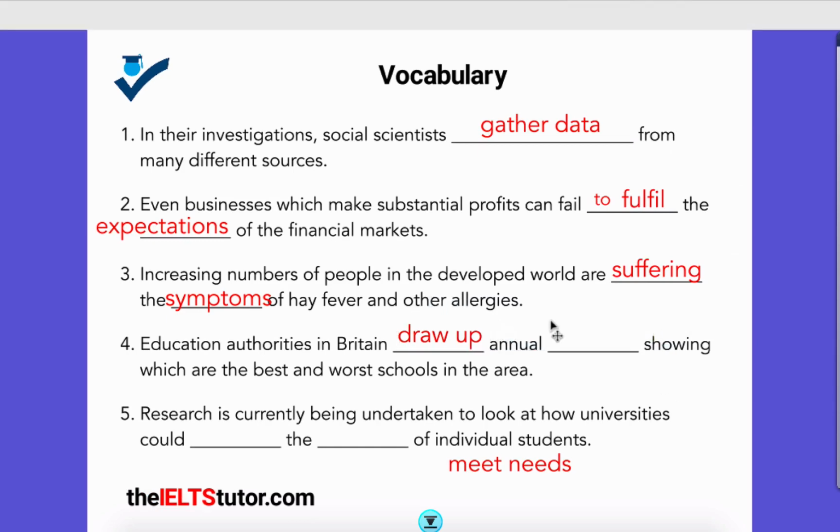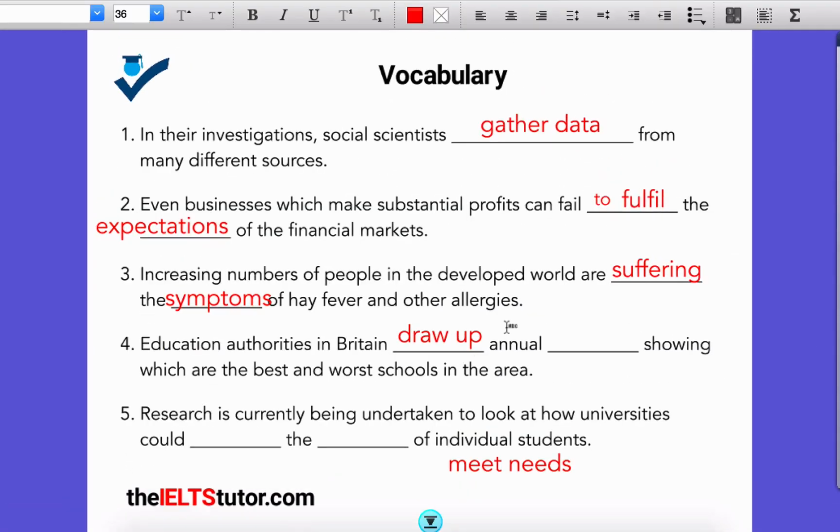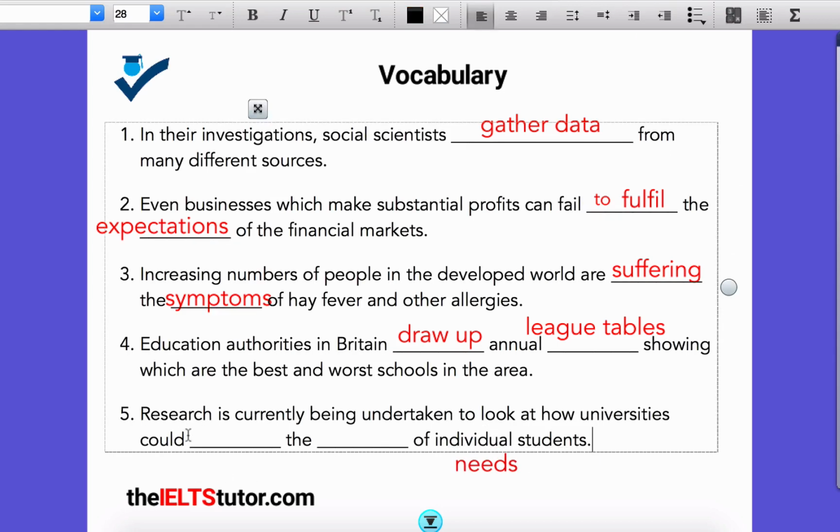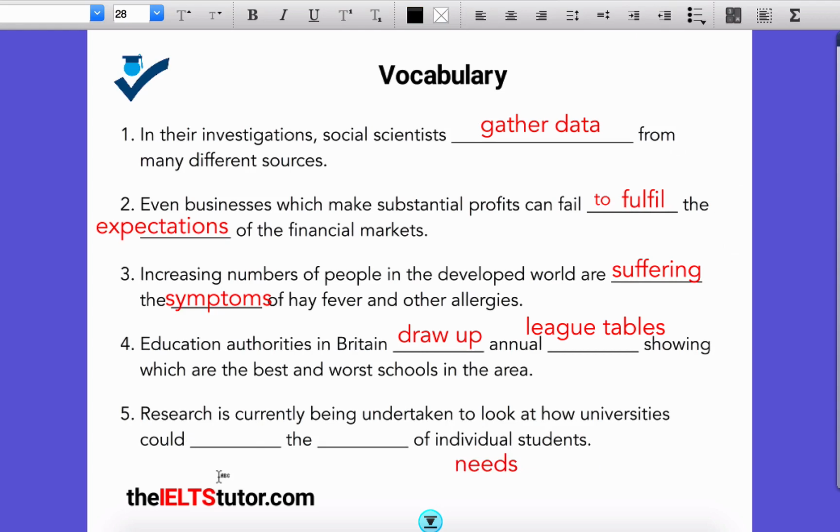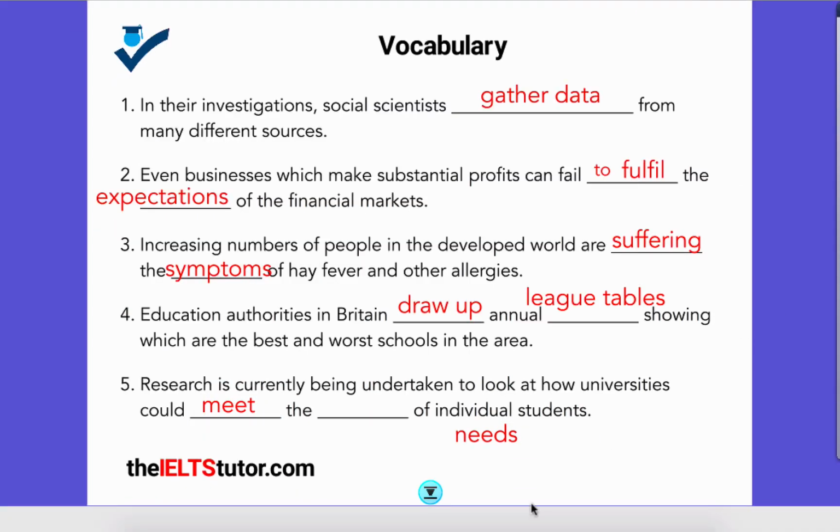To draw up annual league tables showing which are the best and worst schools in the area. And I think the same needs to be done for number 5. Research is currently being undertaken to look at how universities could meet the needs of individual students.